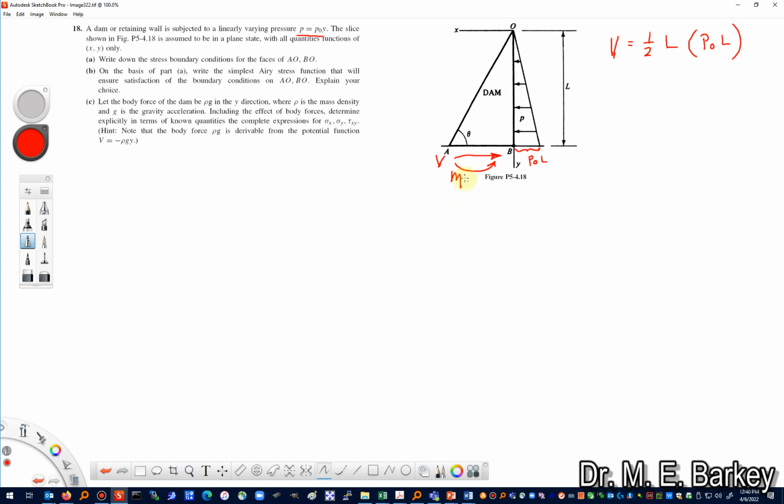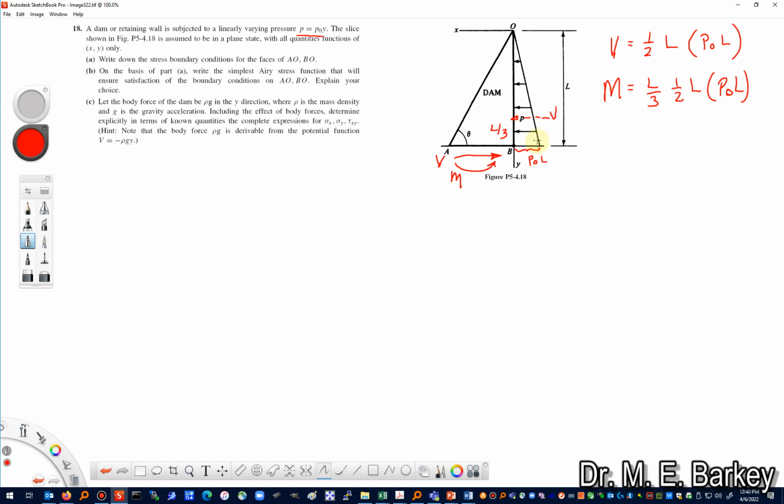The resultant moment would be equal to the resultant force, which acts 1/3 from the large end of the triangle, times that resultant force. So the moment resisting that would be L/3 times the resultant force, 1/2 L p naught L.